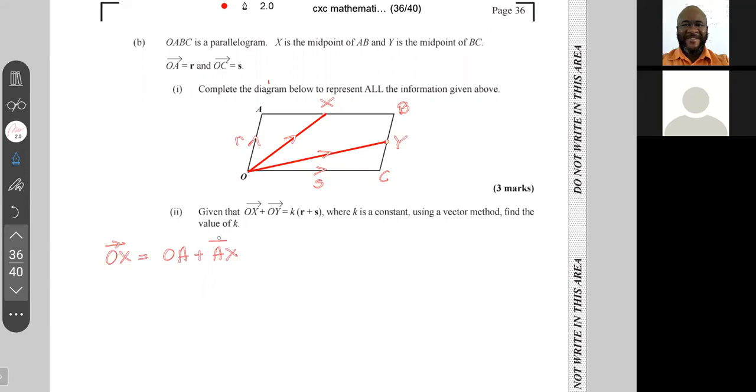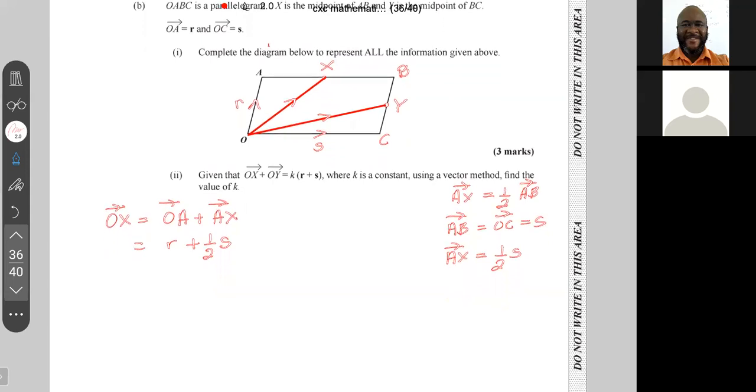Now, please bear in mind that AX is equal to a half of AB because X is in the middle of AB, and AB is the same as the vector OC, which is S. So the vector AX is a half of S. So this is going to be OA, which is R, plus AX, which is a half of S.